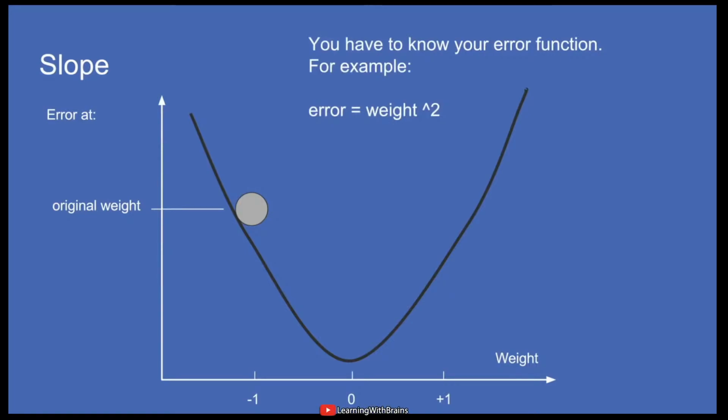So assume we had an error function that was the square of the weight, and you can see that our weight is right at -1. So the first thing we do is we take the derivative, change in error divided by change in weight, DEDW. The derivative of weight squared is 2 times the weight. And so we plug in our weight of -1, and we get a slope, DEDW, of -2.